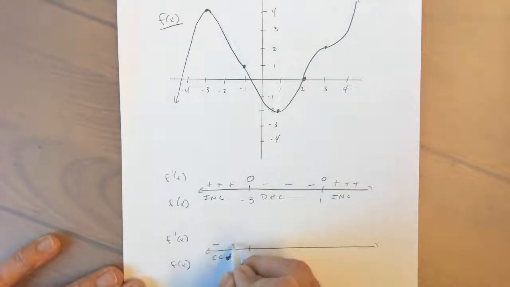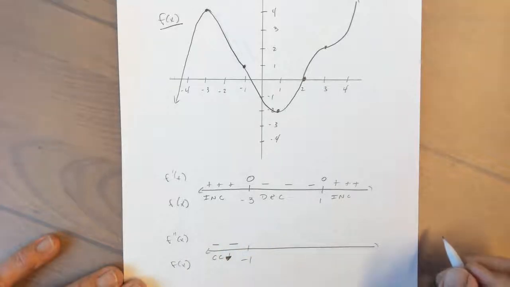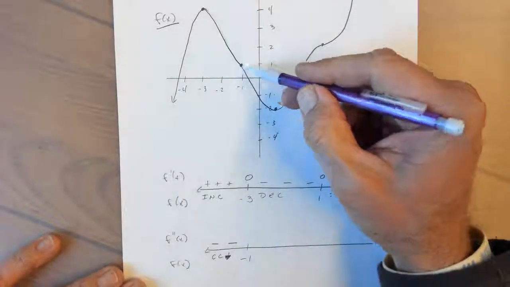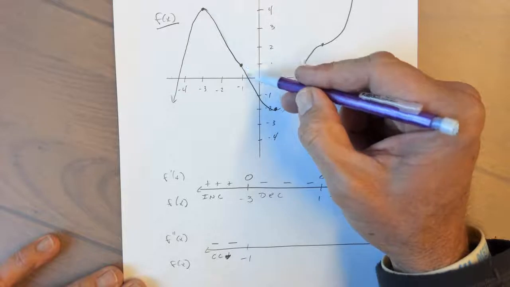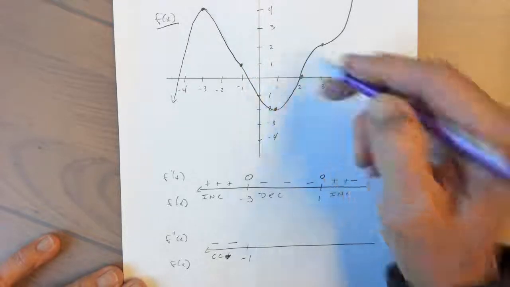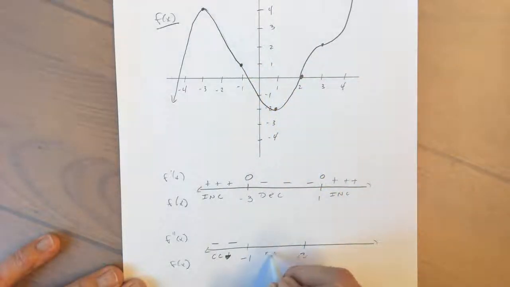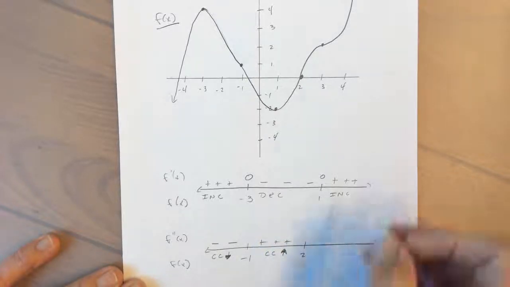Therefore, the second derivative would be negative. From negative 1 all the way to 2, the graph is concave up. Therefore, the second derivative would be positive.